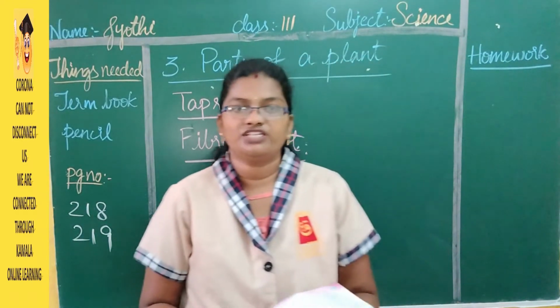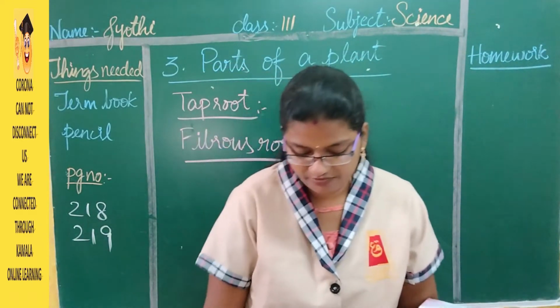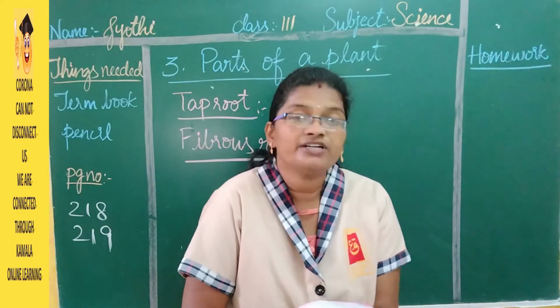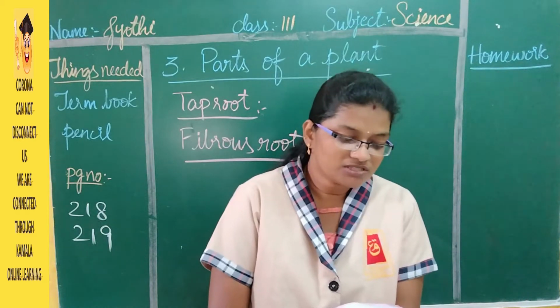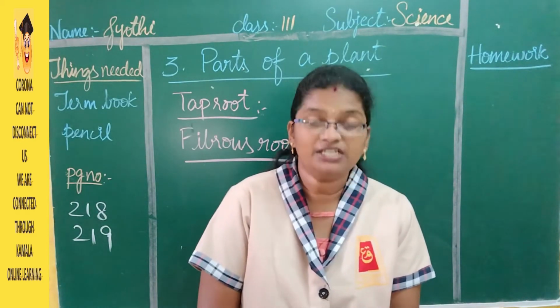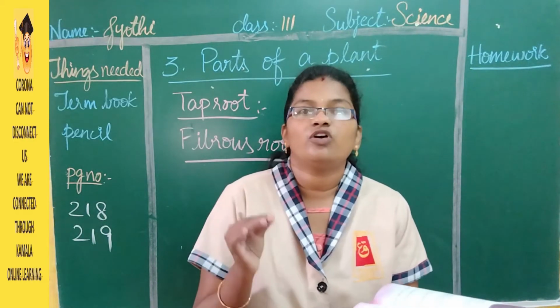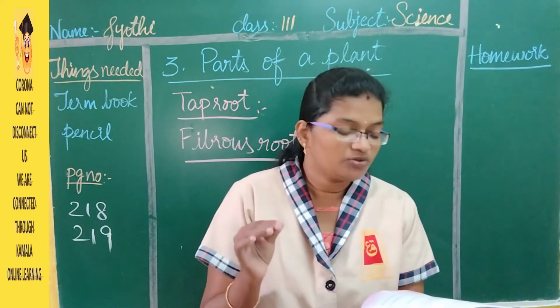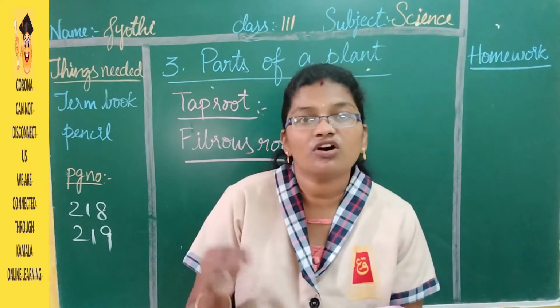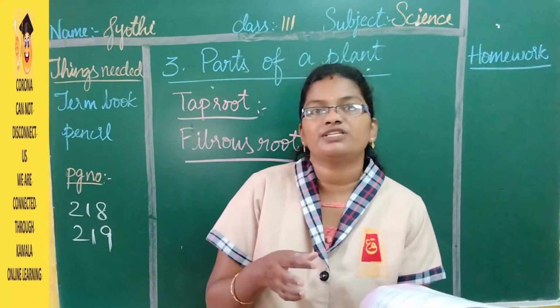Now here you have checkpoints. Please keep your pencil ready with you. The first one: roots prevent soil binding, soil erosion, or soil formation. So what do roots prevent? Do they prevent soil binding? Do they prevent soil erosion? Or do they prevent soil formation?